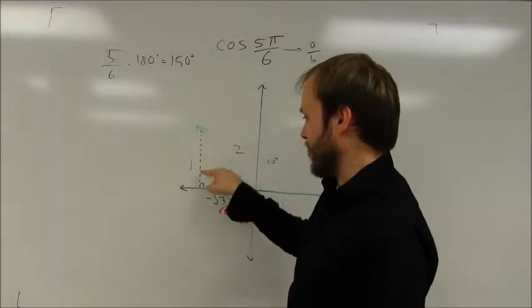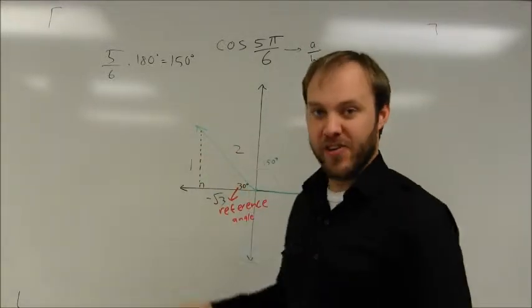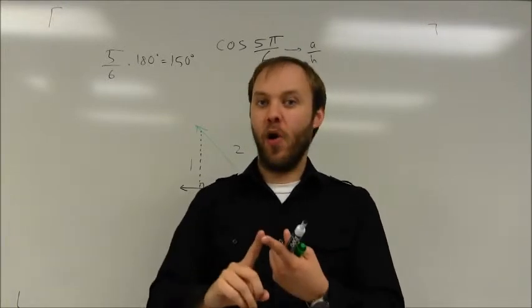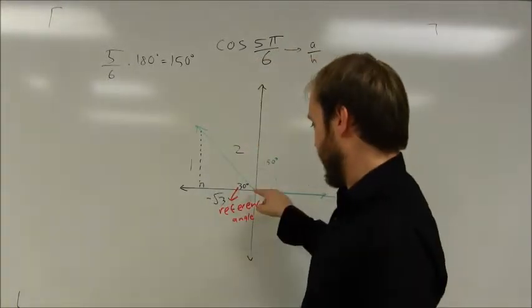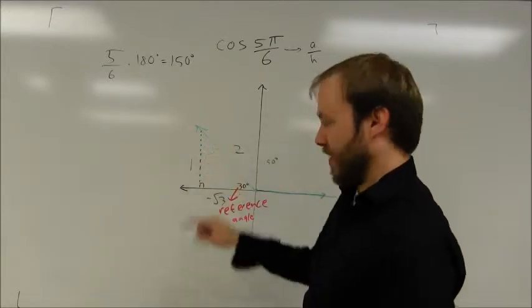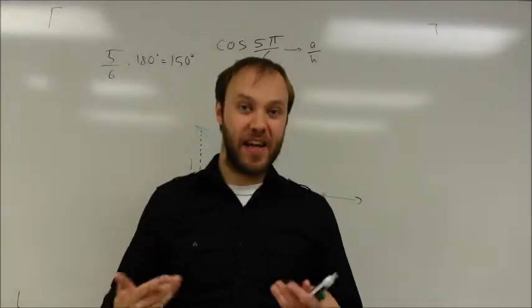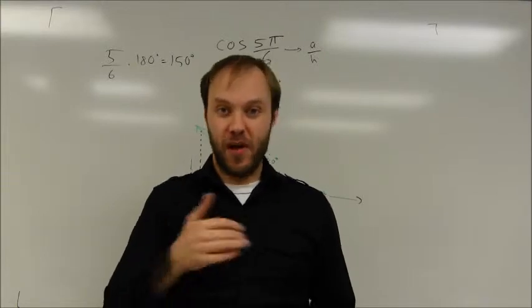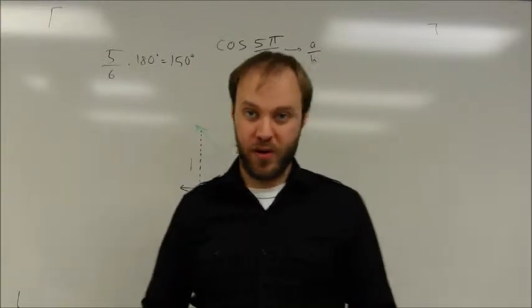This goes upwards, so it's positive. The hypotenuse value will always be positive, and that's something you need to be careful about. So hypotenuse always positive. The horizontal and vertical distance could be positive or negative depending on how they're graphed, and that's what's going to change from what you've done with right triangles prior to putting them on a coordinate plane.